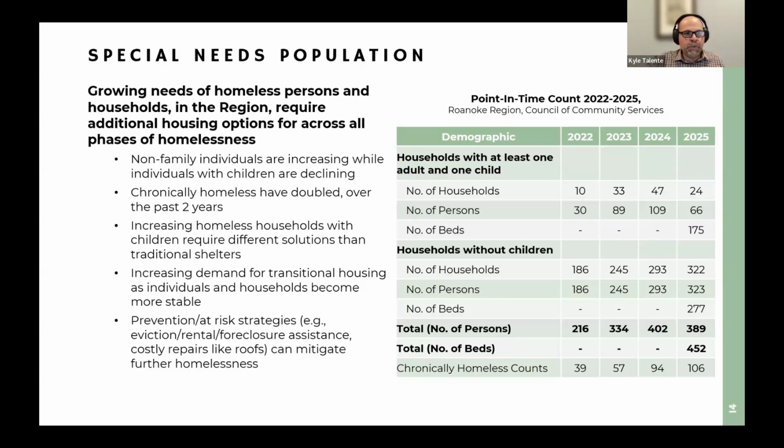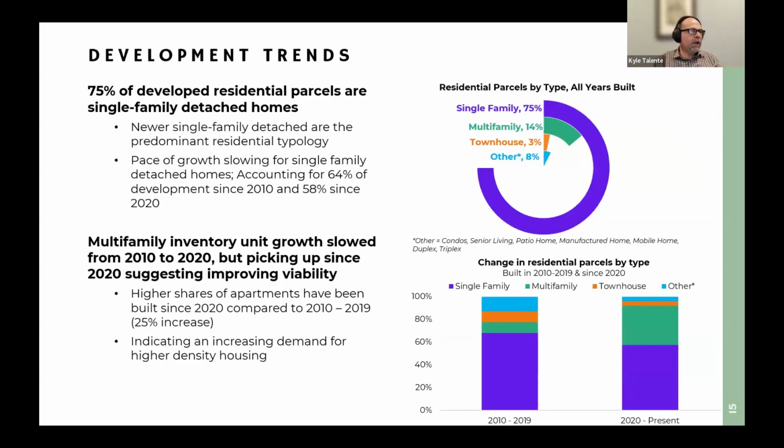Are there programs to help people get a handicap ramp built onto their house so they don't have to leave their house and have nowhere else to go? So there's two prongs that come out of this, but once again, this data is for the region, not just for Roanoke County. Is there a strategy? Is there a priority from the county to participate in the solution of these things from the provision of housing, but then also how do we help folks that are living here now not become homeless?